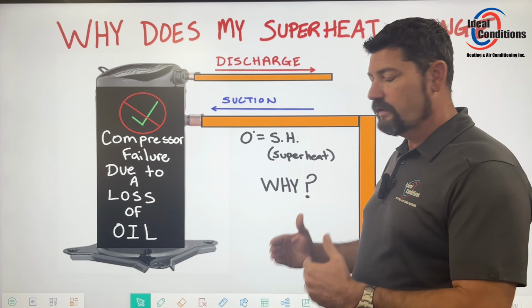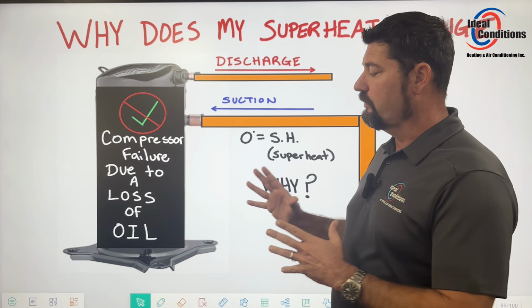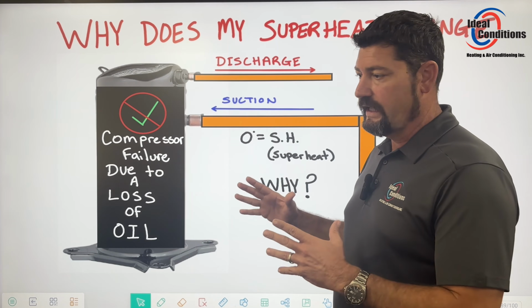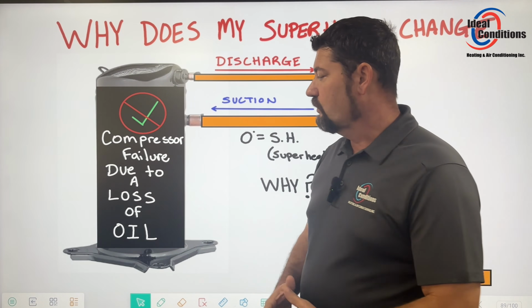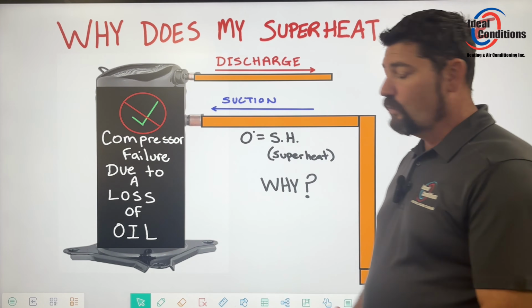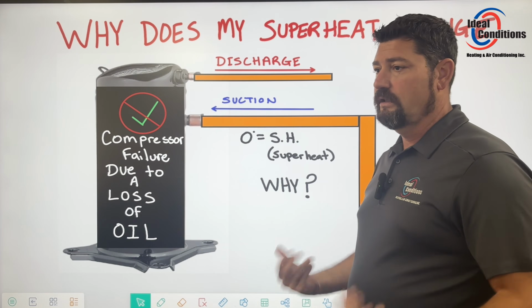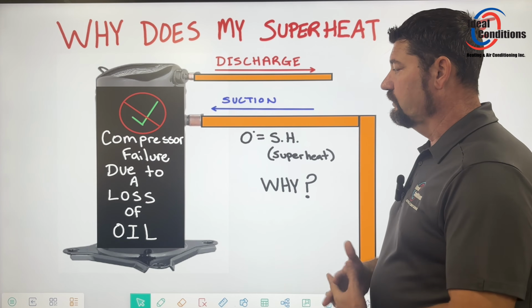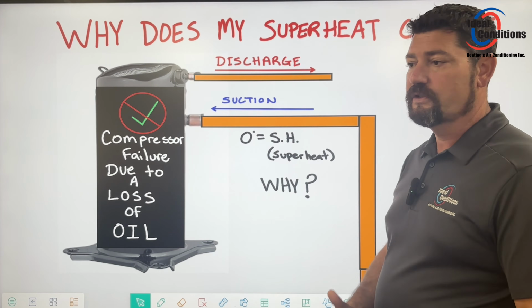So it's very important to understand superheat, because it's vital for that compressor to be able to run and properly lubricate the internal mechanical parts inside that compressor. If that oil's not present, then you're going to have excess friction. You're going to wind up killing the compressor, and it's not designed to pump anything but refrigerant in a vapor state.